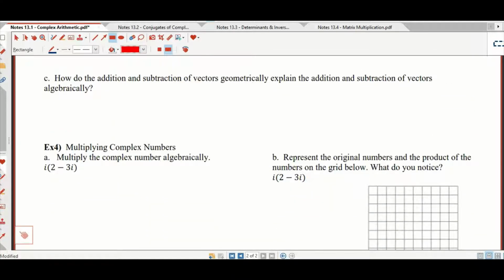How do the addition and subtraction of complex numbers geometrically explain the addition and subtraction of complex numbers algebraically?